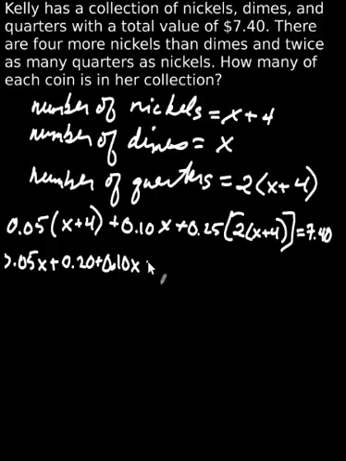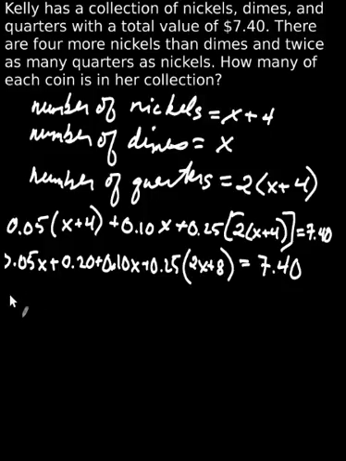And then plus 0.25, that hasn't changed. But this becomes 2x plus 8. And on the right-hand side, we still have $7.40. Now we're going to keep everything the same, except we're going to distribute this 0.25.